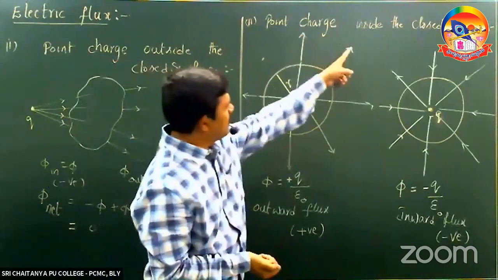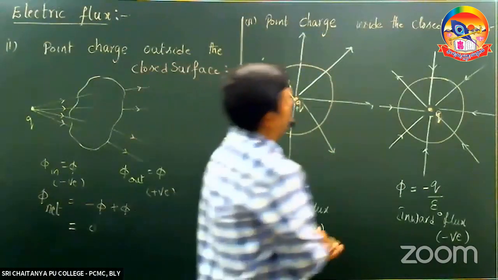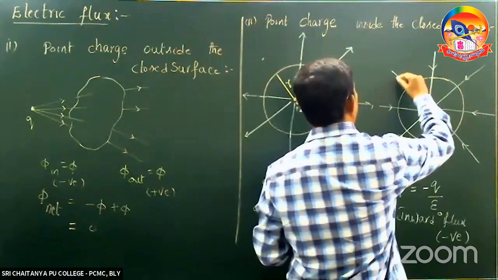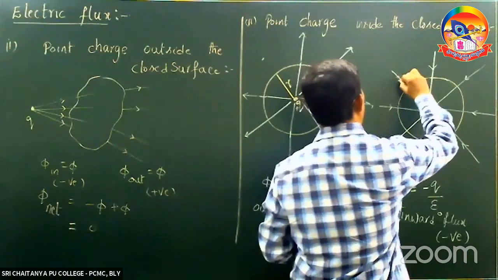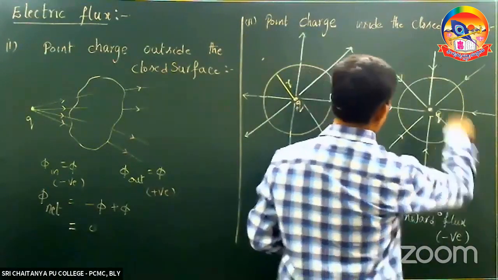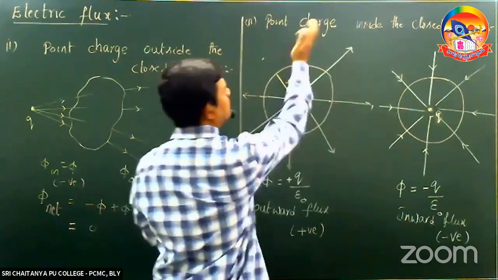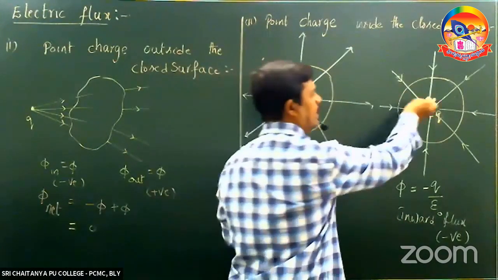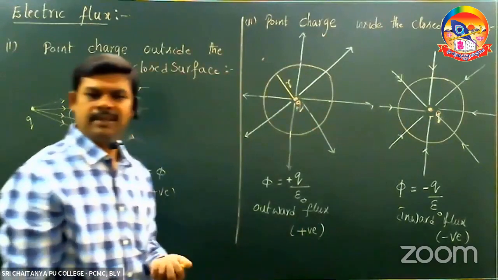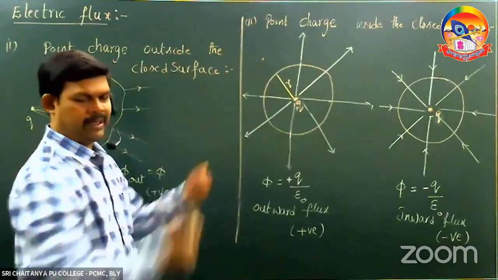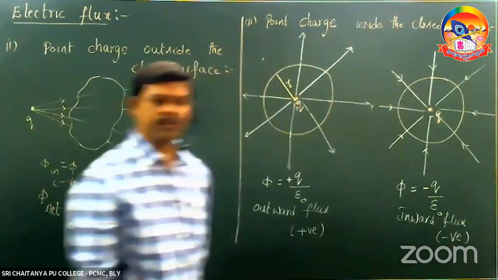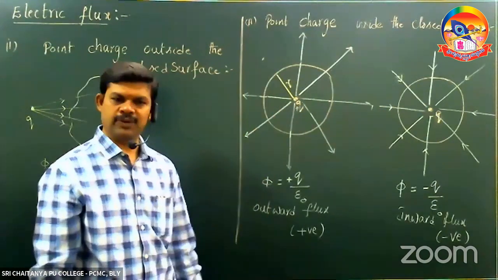Here, arrow mark tells you going out lines. Here they are coming in, right? Number of lines crossing inside. Inward flux. This is outward flux.